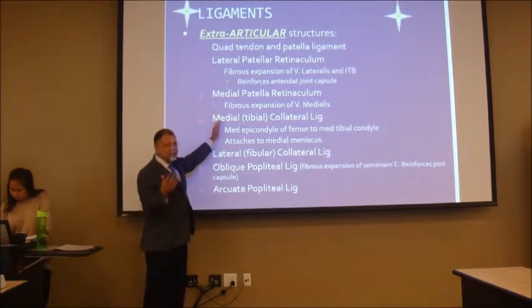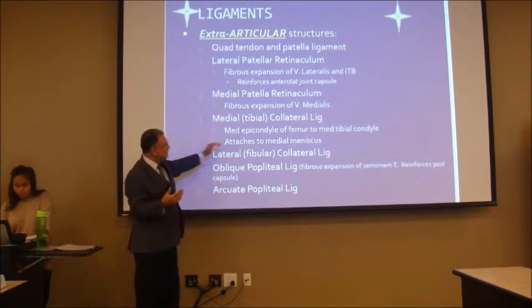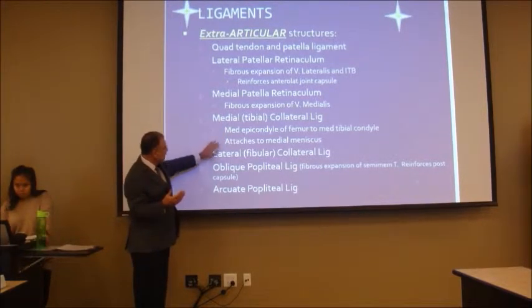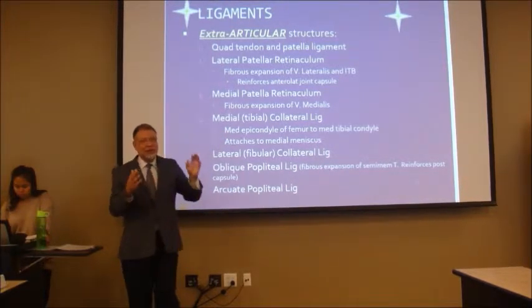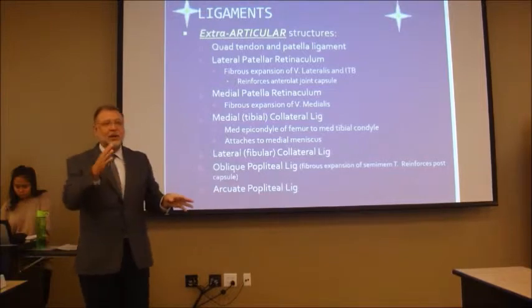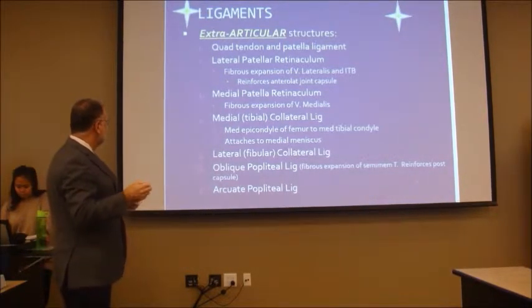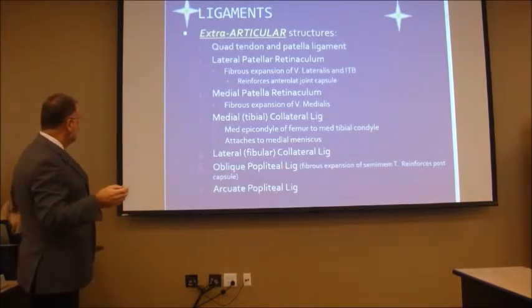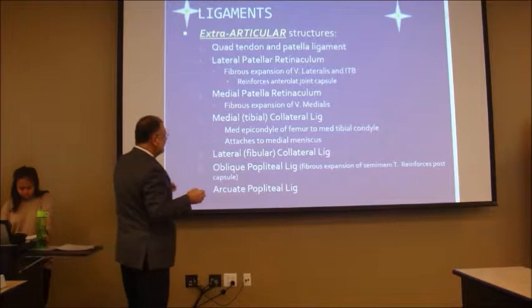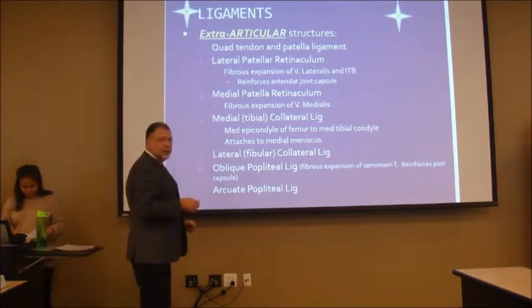The medial is from the tibia, goes from the medial epicondyle of femur to medial tibial condyle, and attaches to the medial meniscus. And the lateral collateral fibular ligament attaches directly into the part of the lateral tibia, even into the fibula. The oblique popliteal ligament is basically for the capsule, and the arcuate popliteal ligament.